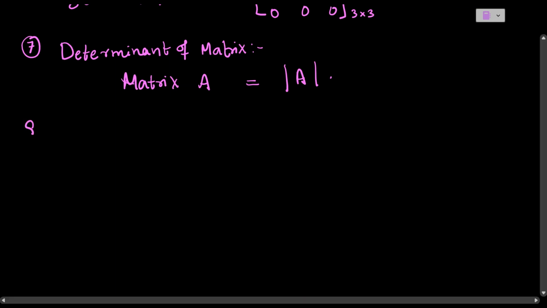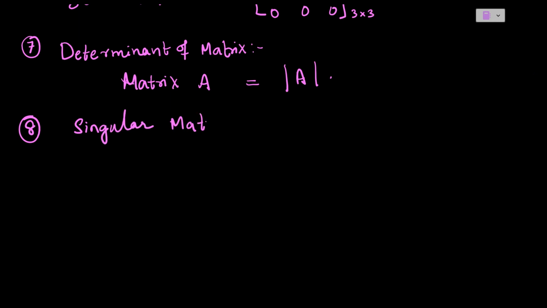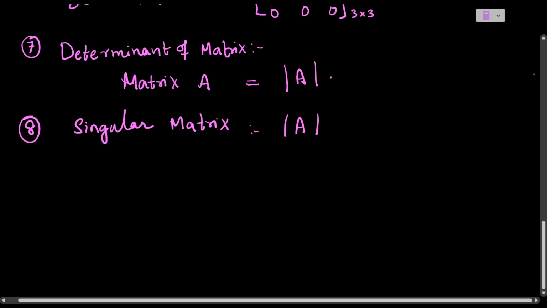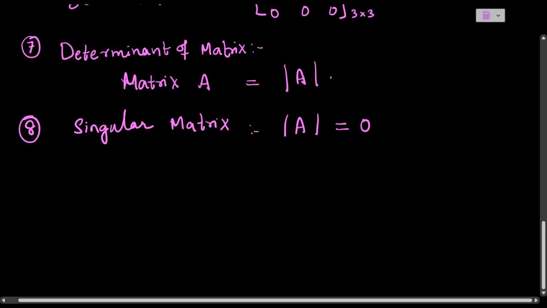Next one, singular matrix. Singular matrix is nothing but if you find the value of det A, it must be equal to 0. After solving we must get the answer as 0.